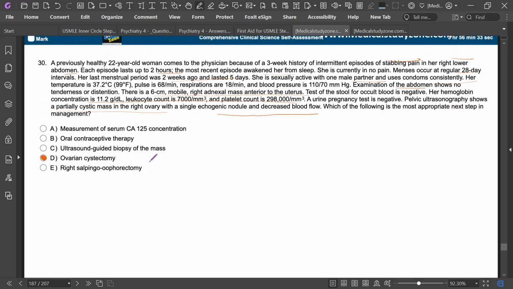Whenever you start seeing the lab values, every time it helps. I don't know all the lab values either, but we need to remember some of the lab values to save our time. To save time, that's true.